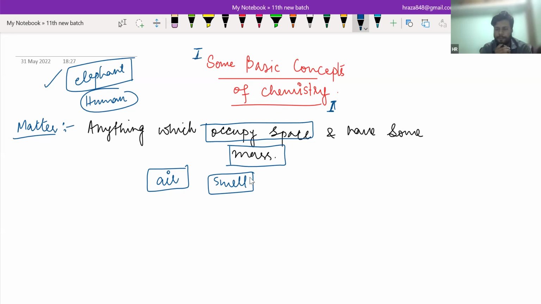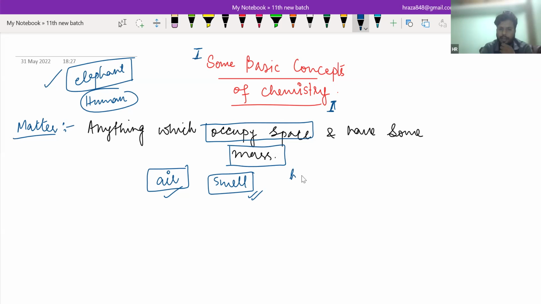It is. Is a smell matter or not? No, a smell is not matter. Air is matter. A smell is not matter because it doesn't occupy any space and doesn't have mass. Does a smell have any mass? No, it doesn't have any mass. It is just a sense.